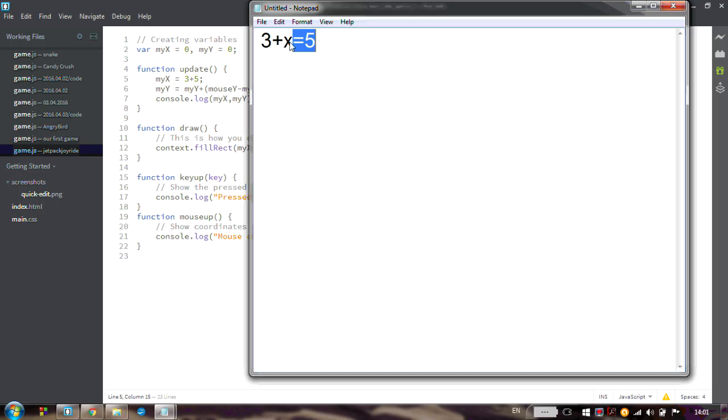X equals 2 is the solution to this equation because 2 is the only value for x that if we add 3 to it, the result will be exactly 5. So this equation has 2 as a solution.